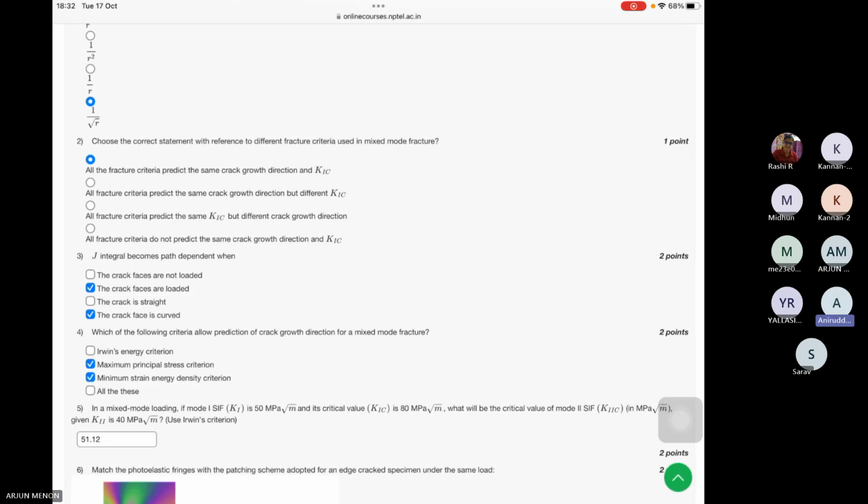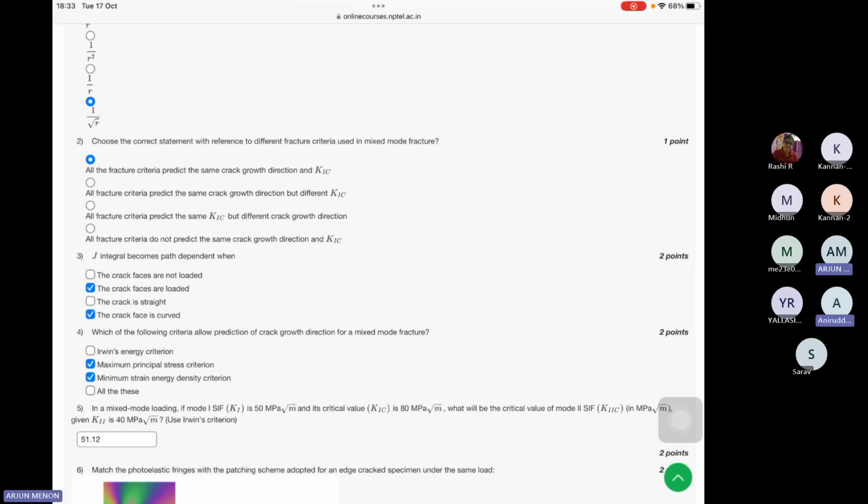Just a minute, I will also try calculating this. Otherwise we will do with the circle option. It's a small check: K1 square plus K2 square equals K1C square. If it is a circle, then both K1C and K2C are the same.